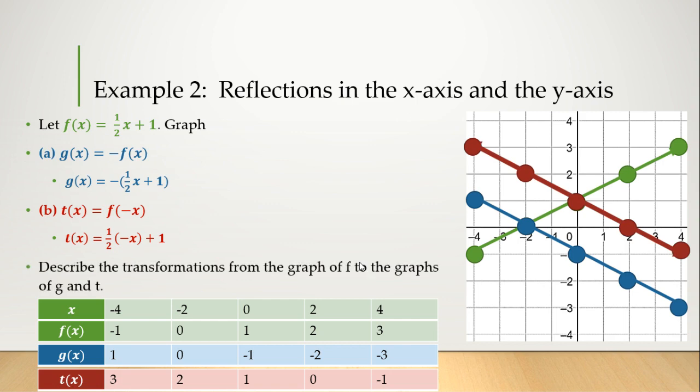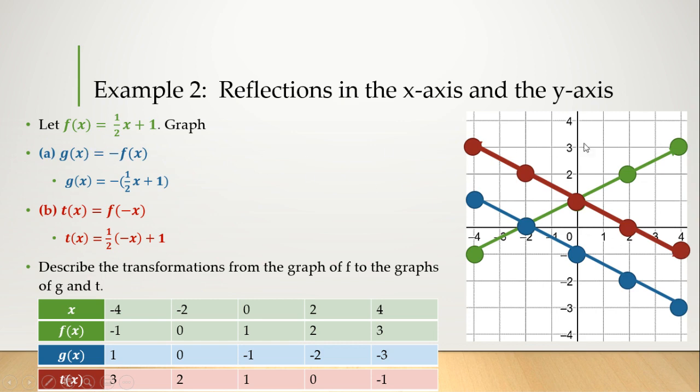So now we want to describe the transformations of the graph of f to the graphs of g of x and t of x. Starting off with g of x, that's in the blue. Comparing these two, we can see they are reflections of each other across the x-axis. That's because all these numbers are basically repeating, but just as negatives.